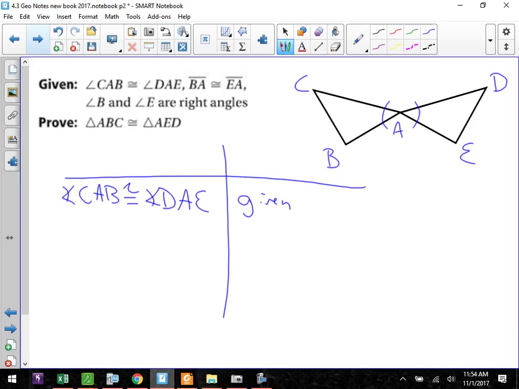After I go through that one, there's obviously nothing else that I can do out of that. I just marked it and I'm done. I go to my next one: VA is congruent to EA.